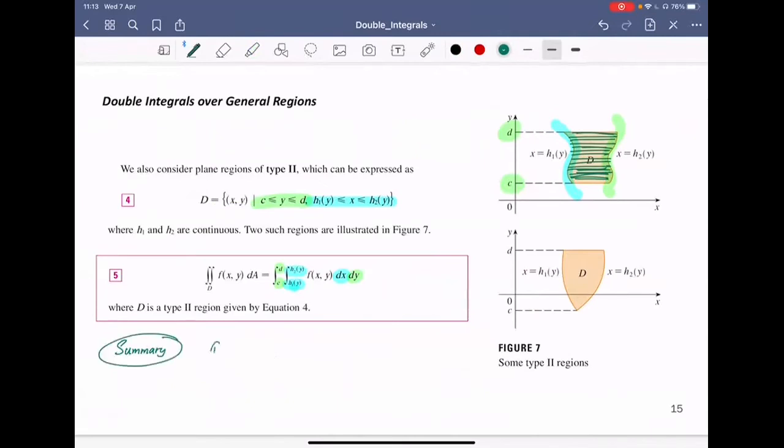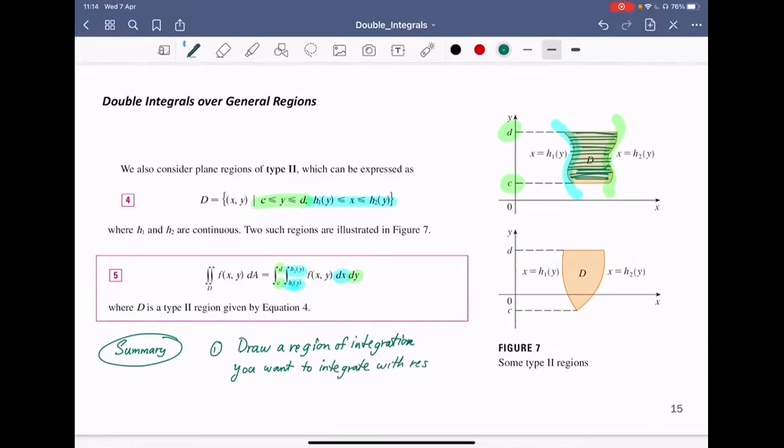Summary. Step 1: draw a region of integration that you want to integrate with respect to.